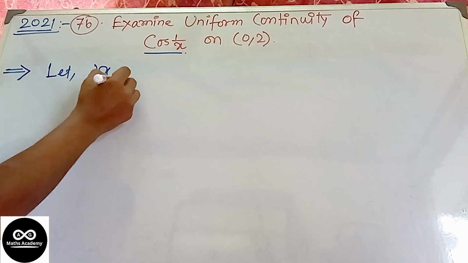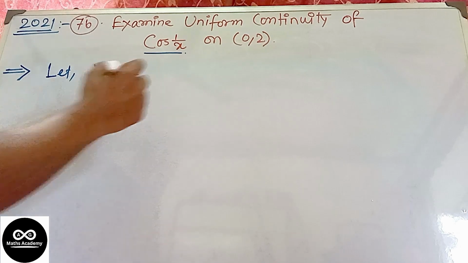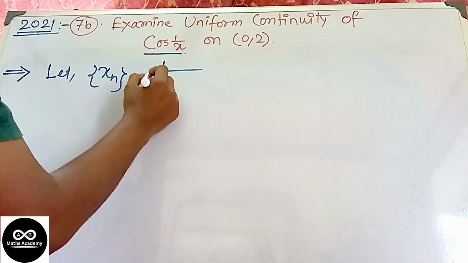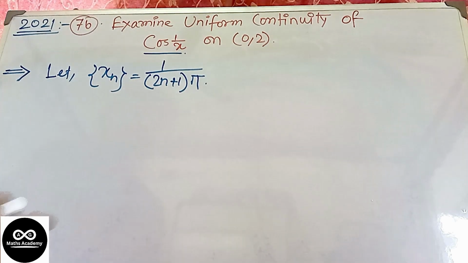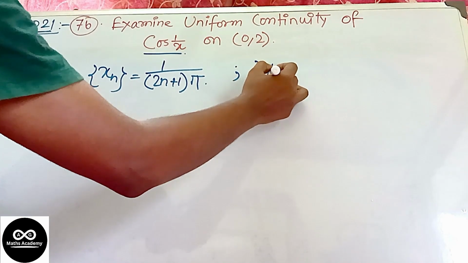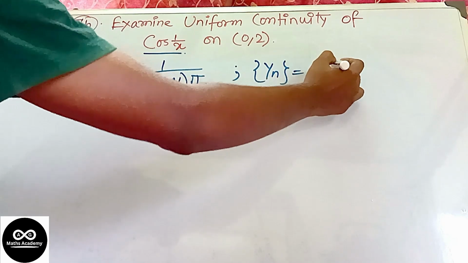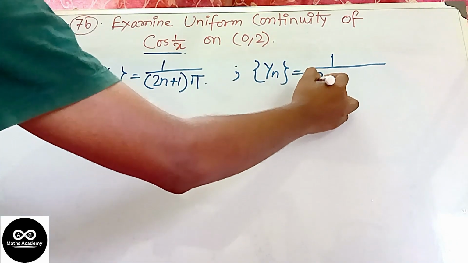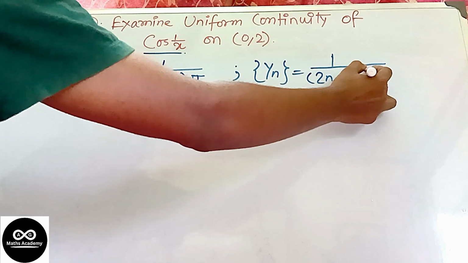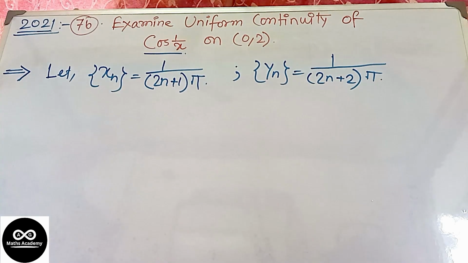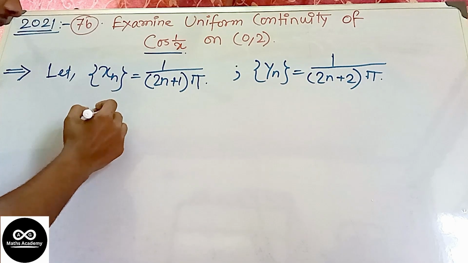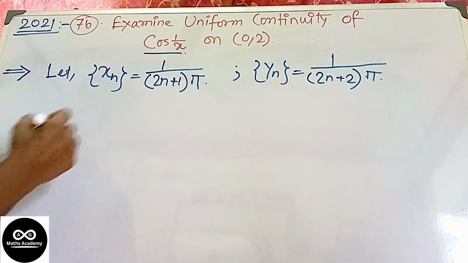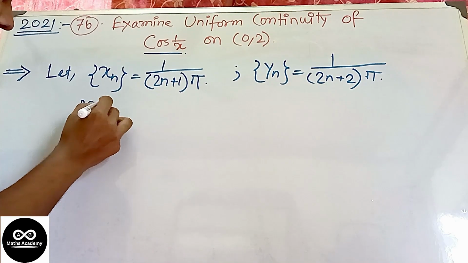Let's take xn is 1 by (2n+1)pi, and yn which is 1 by (2n+2)pi.